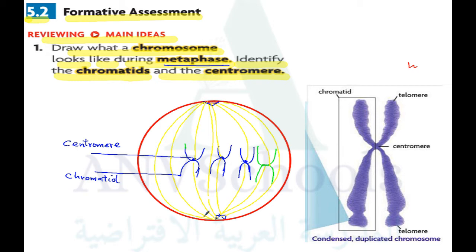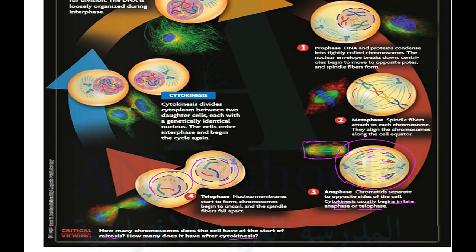So we are having chromosomes. These are chromosomes aligned during metaphase. So let's see if we are getting it right. We can go back to our picture here, and this is how they are aligned during metaphase. They are aligned across.